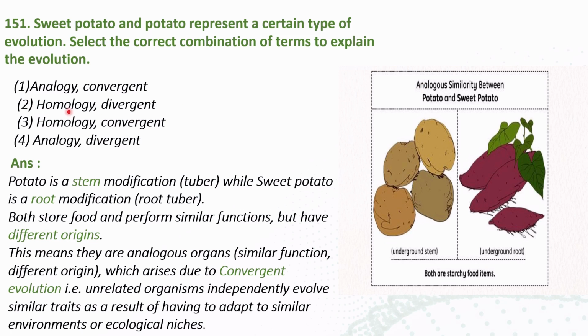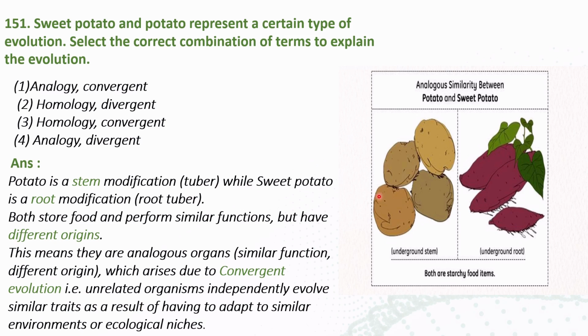Homologous means they have both similar functions and structure, and they have evolved from the same origin. But here both evolved from different origins, this one from stem, this one from root. So these are analogous in nature, and they show convergent evolution.